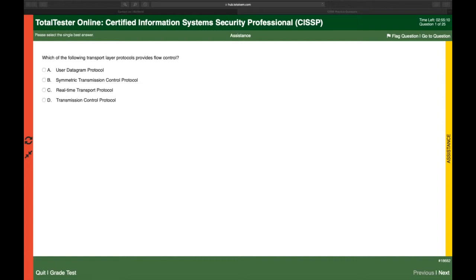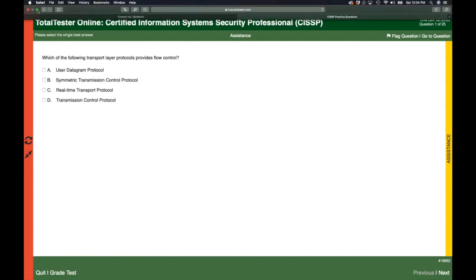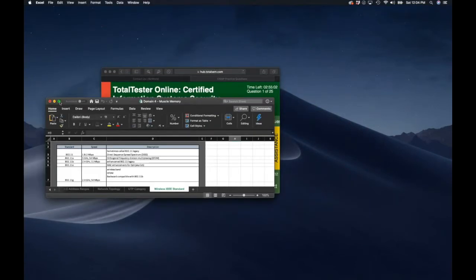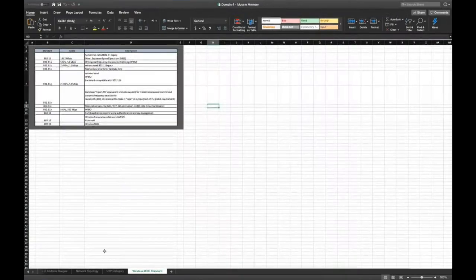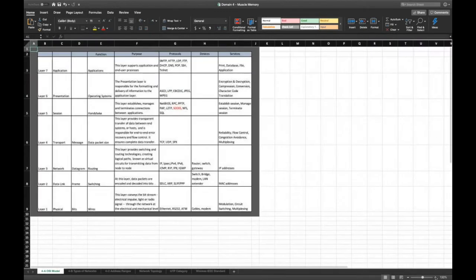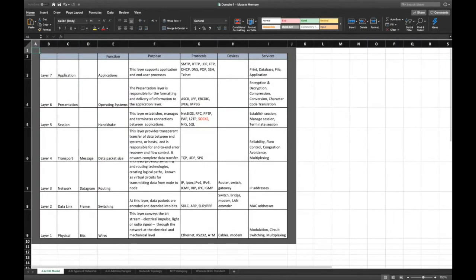Give me just a second, pulling up a muscle memory chart. I haven't showed you guys these in a while, but they do come in handy. So we're looking for OSI model, transport layer. If I make this bigger, transport layer has TCP, UDP.